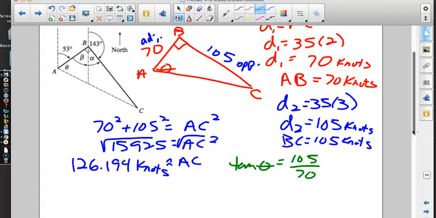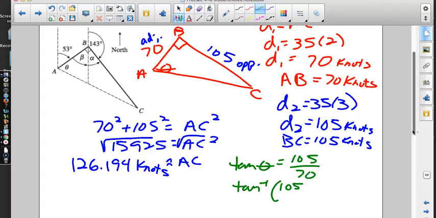Well, how am I supposed to get the angle? Those of you that are punching in, what are you punching in? I'm not punching in. I'm going to pretend I'm not punching in. What are you doing? Inverse tangent, and then I'm doing the other two of them to double check.